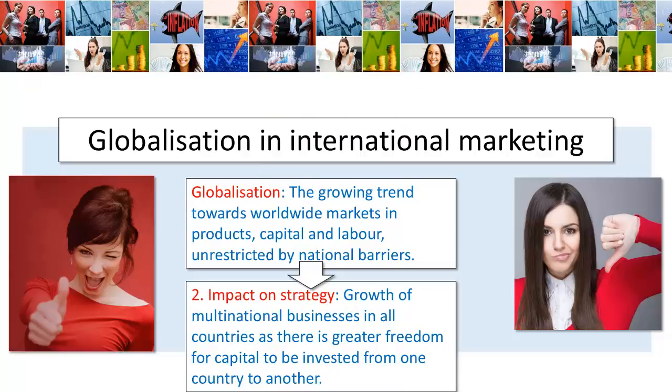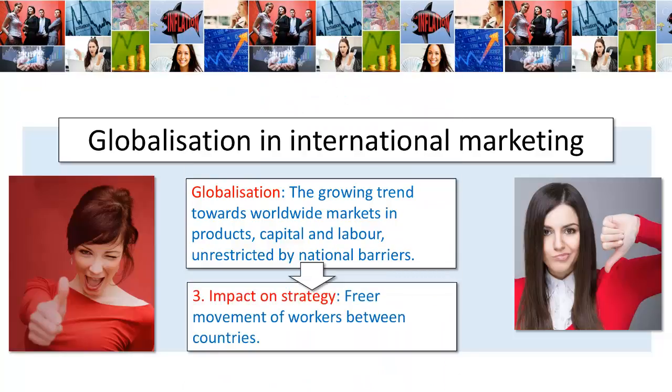The growth of multinational businesses in all countries as there is greater freedom for capital to be invested from one country to another. Freer movement of workers between countries, so an American company can transfer staff over to China, over to India, over to the UK, over to European countries.